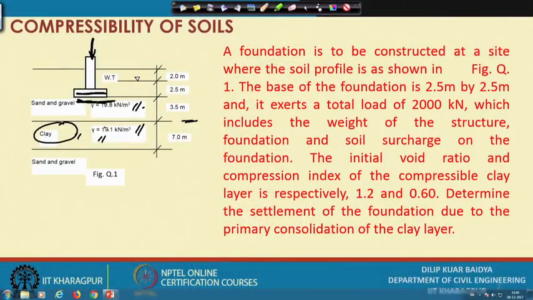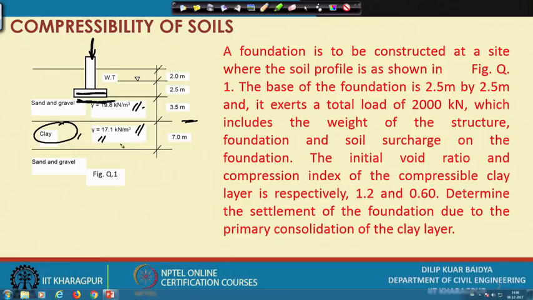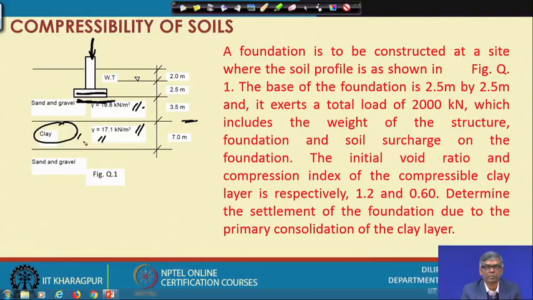Elastic settlement we will discuss separately later in some other subject. Here we just learn about consolidation settlement, and this is the clay layer which is saturated. So, definitely if we apply load it will undergo consolidation settlement. Our aim here is to find the consolidation settlement for this layer, applying whatever we have learned just now.